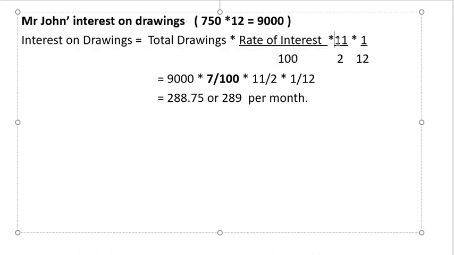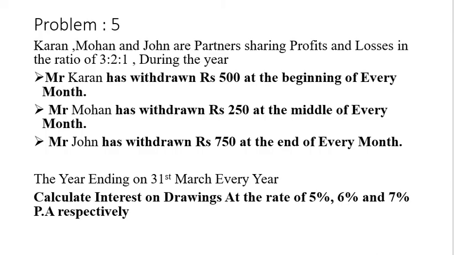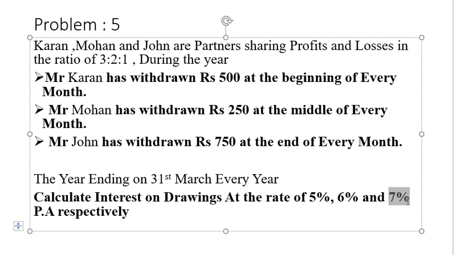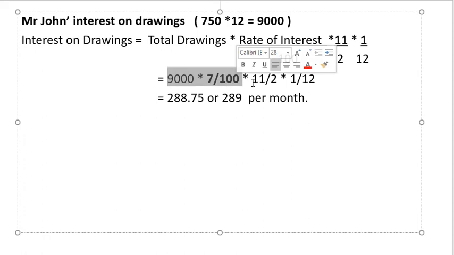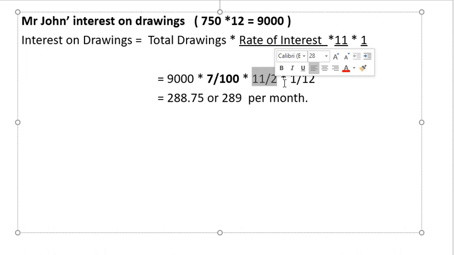So 11 by 2 you should use for end of the month. Total drawings 9,000 rupees. So the percentage they have given, see the percentage is 7%. So 9,000 into 7 by 100, into 11 by 2 into 1 by 12. So the answer is 288 rupees 75 paise, or you can make it as 289 rupees per month.